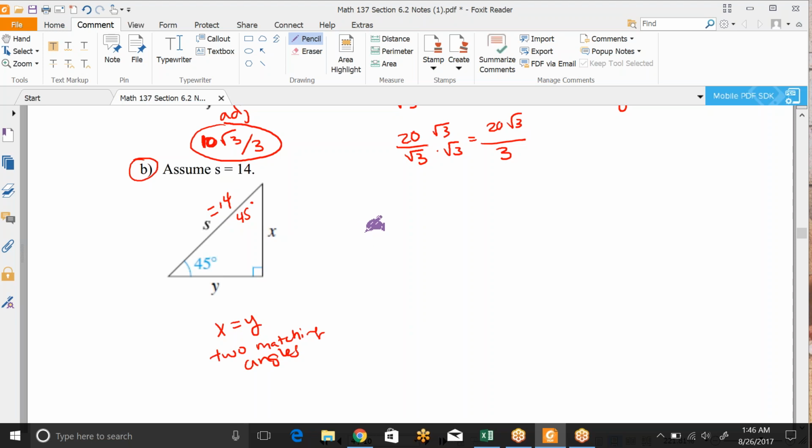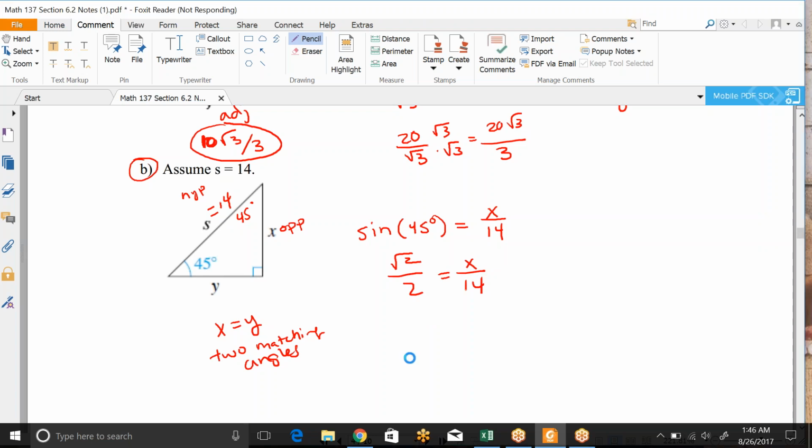So we can just try to do one solving essentially. So if we use, this is opposite, this is hypotenuse. So sine of 45 degrees equals opposite over hypotenuse. Sine of 45 degrees is square root of 2 over 2. Cross multiply, so 14 square root of 2 equals 2x.